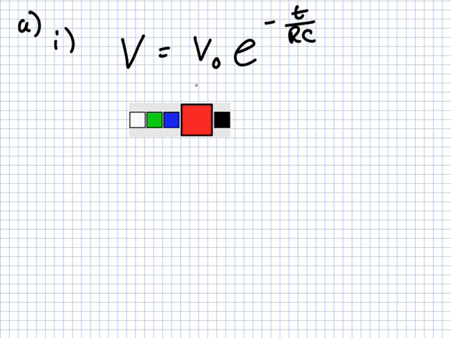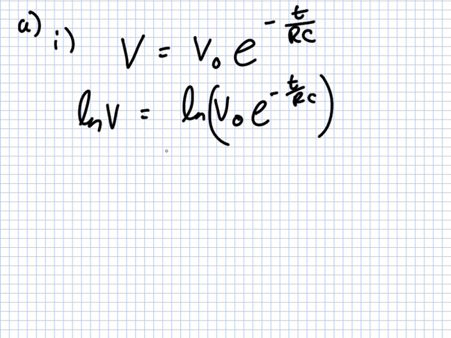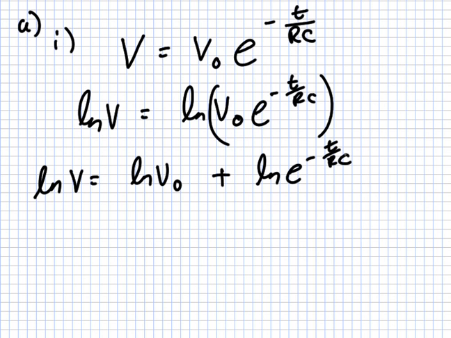So what they want you to do in the first part is to change this into a linear one. In other words, how can we cancel the e? Log, yeah. So what we do now is we have log V equals log of V0 e to the minus t over RC. So log V equals log V0 plus log e to the minus t over RC.